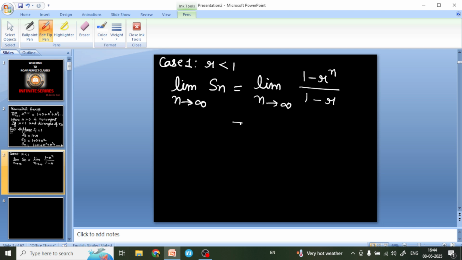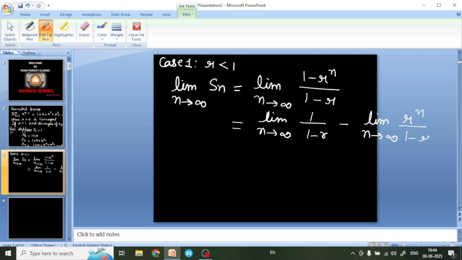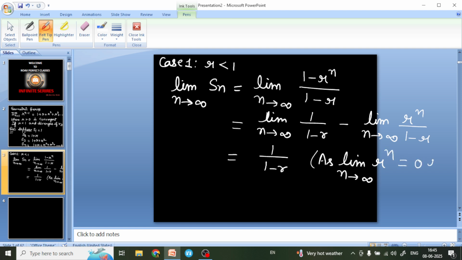We take this formula and now take the limit n to infinity of 1 over 1 minus r, minus limit n to infinity of r raised to power n over 1 minus r. Here, 1 over 1 minus r is constant, and limit n to infinity of r raised to power n is equal to 0 if we take r less than 1.